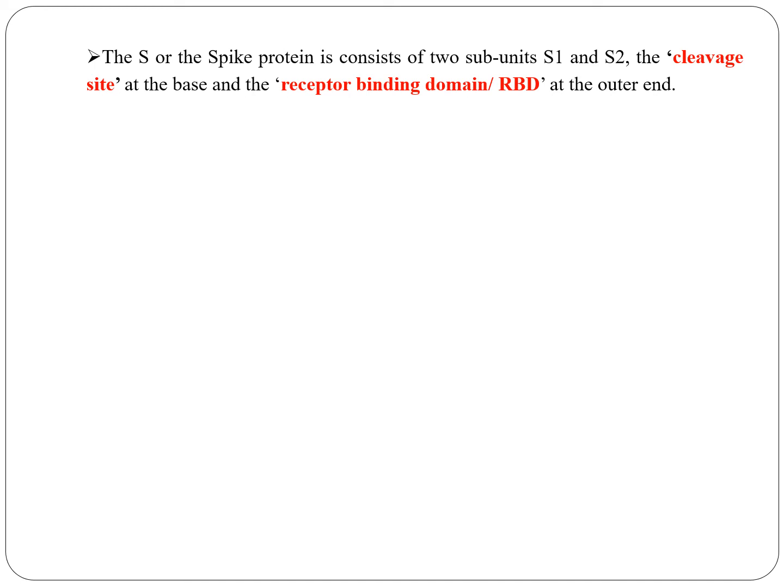The spike of the SARS-CoV-2 is made up of two subunits, S1 and S2, with a cleavage site in between, and the extended end or the outer end of the spike acts as the receptor binding domain or RBD.